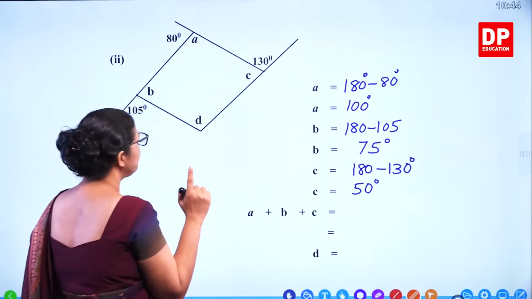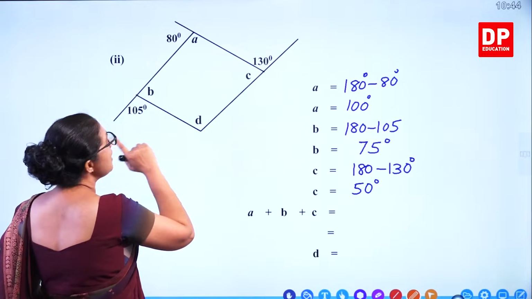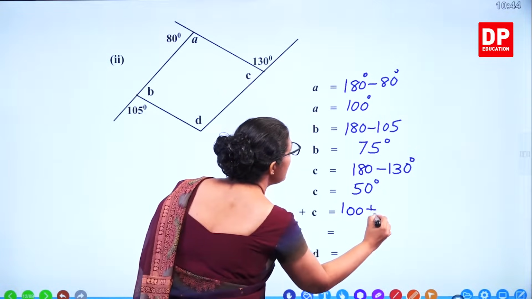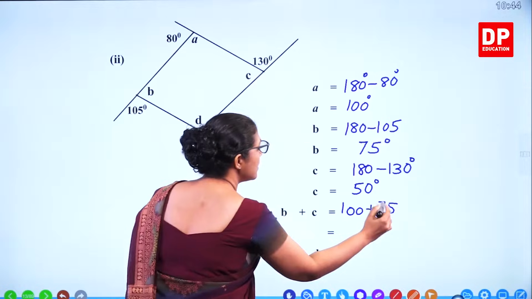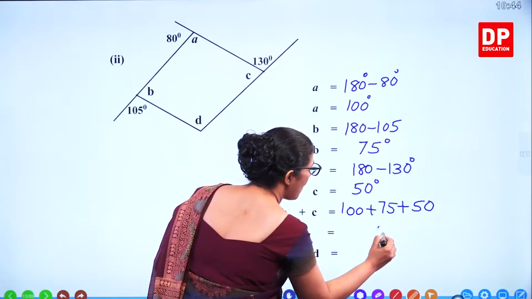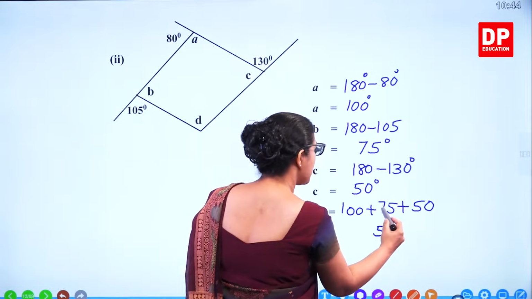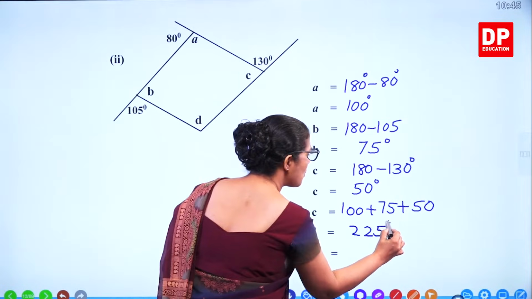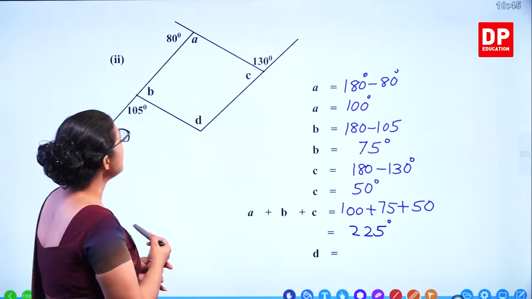But we know A plus B plus C. A is 100, B is 75, C is 50. What's the sum? You get 225. So what's D then?